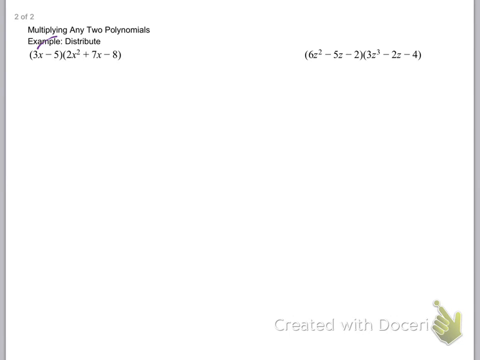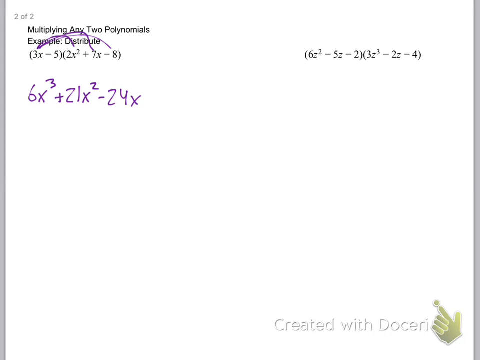we just talked about this. 3x times 2x squared is 6x cubed. 3x times 7x, 21x squared. 3x times a -8, -24x.